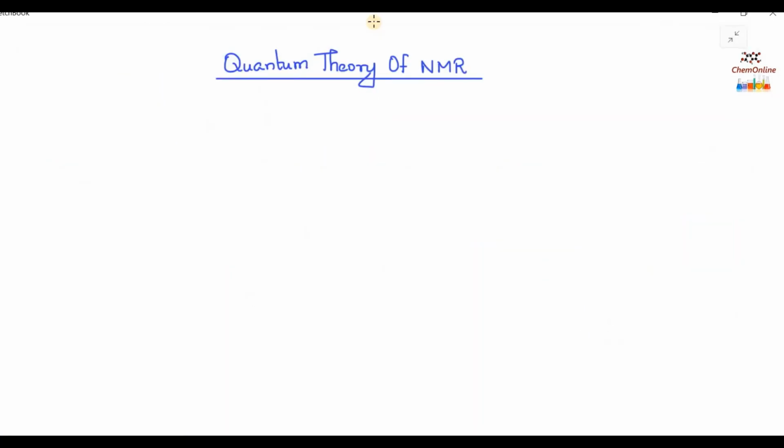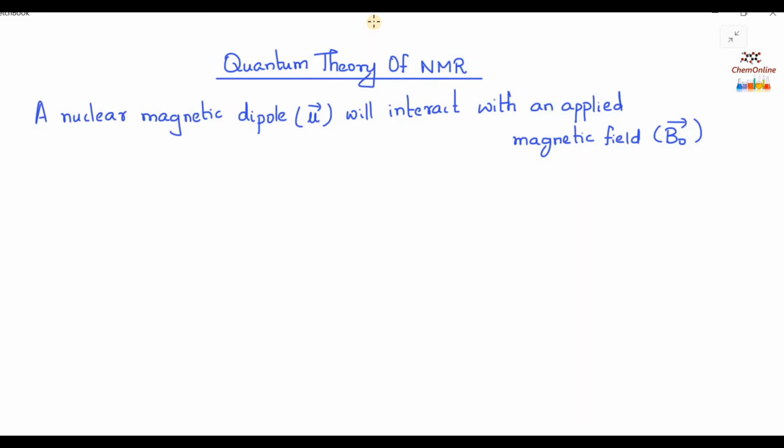Now let's discuss the quantum theory of NMR. We have got an expression for the nuclear magnetic moment vector mu. Now when we put this magnetic dipole, that is the spinning nucleus, into an external magnetic field, then the nuclear magnetic dipole will interact with the applied magnetic field. Let the field applied be B0.